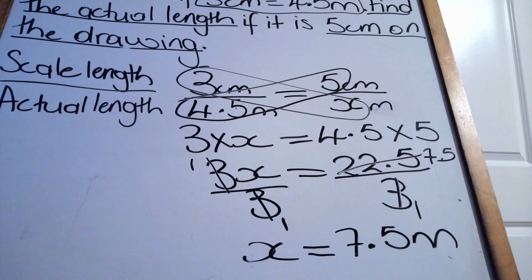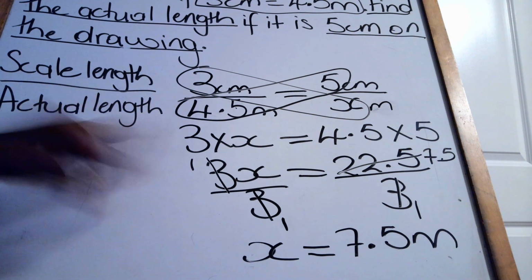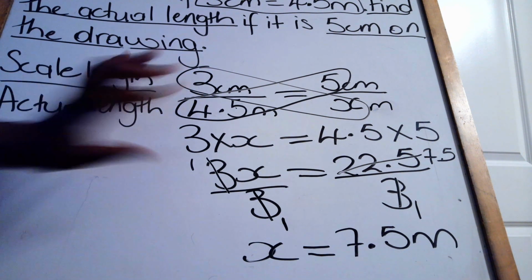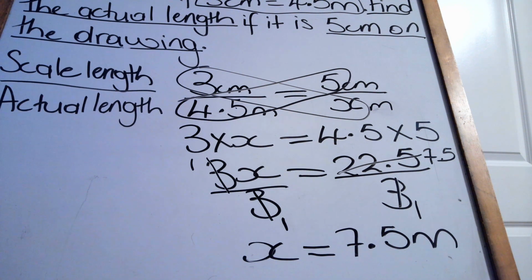Don't forget to write your units. I hope you did pause the video and work the problem and we're getting the same answer. So if you're not getting 7.5, you made an error somewhere. So look at the question, look at the answer and see where you made your error.